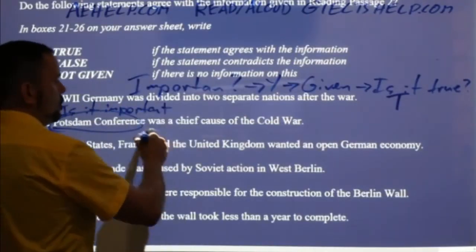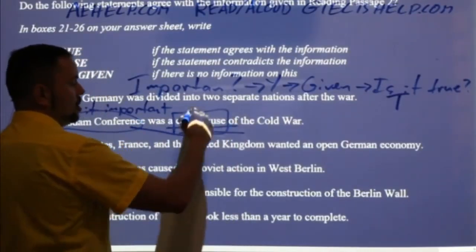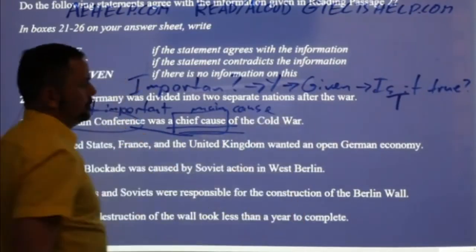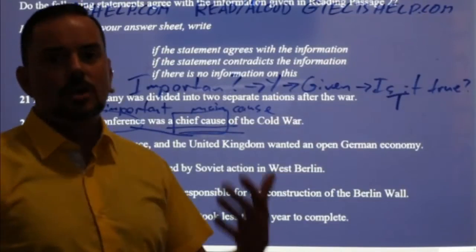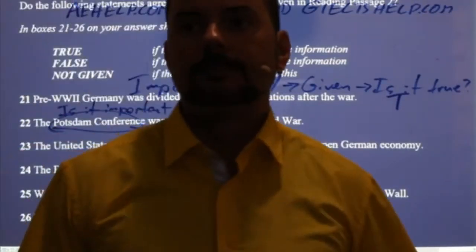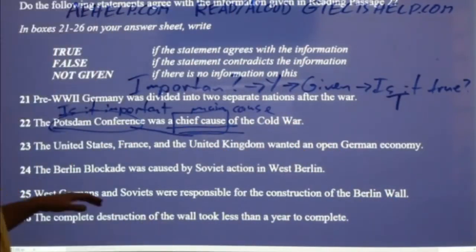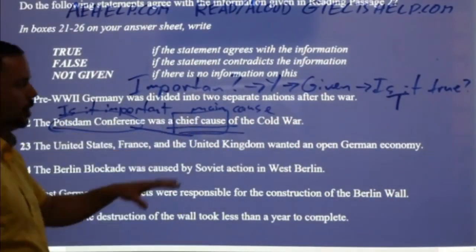And more importantly, is it important to know that it was the chief, the main cause? Does anybody recall reading that this was the main cause of the Cold War? Anybody read that? No, it's not that important. We didn't read about the main cause of the Cold War.